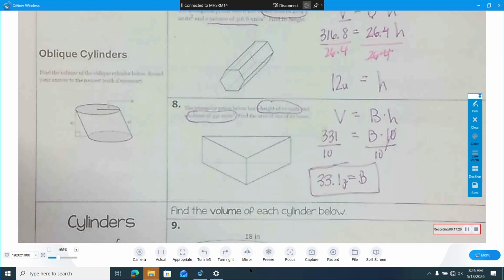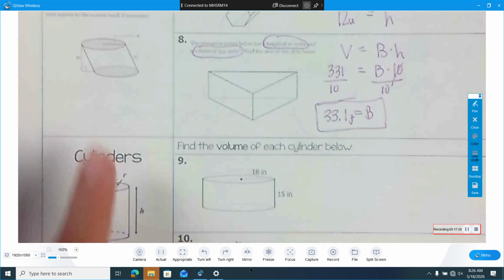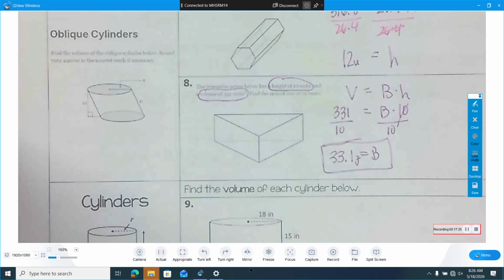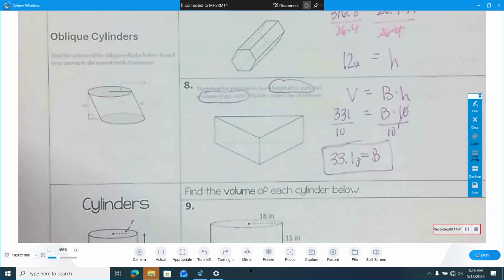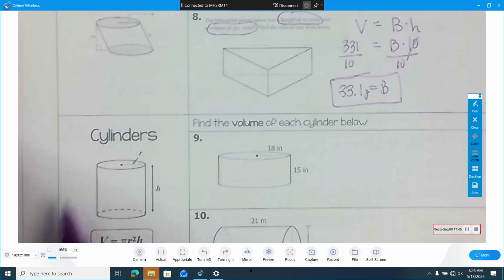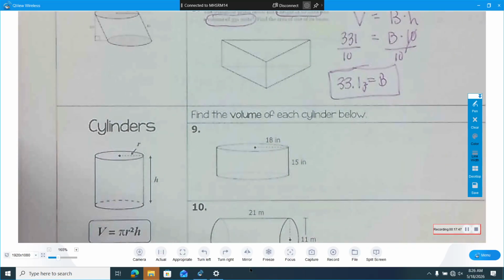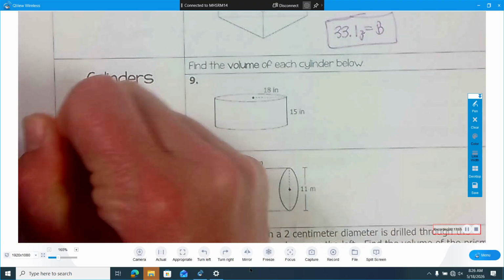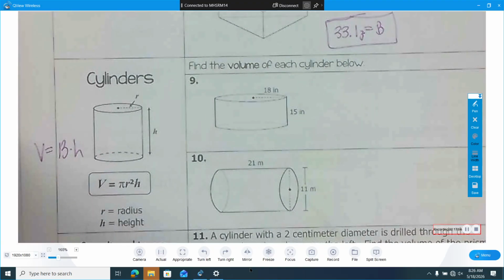And so this is actually called Cavalieri's principle, in that if I want to find the volume of an oblique cylinder, it is still the exact same thing. Area of the base times the height, as long as we all understand that height is perpendicular, okay? And so when I have this formula here, we have a formula popped in, but it is still simply area of the base times the height.